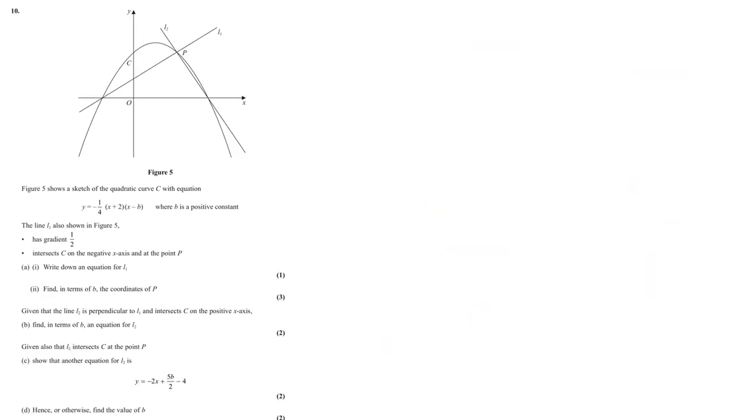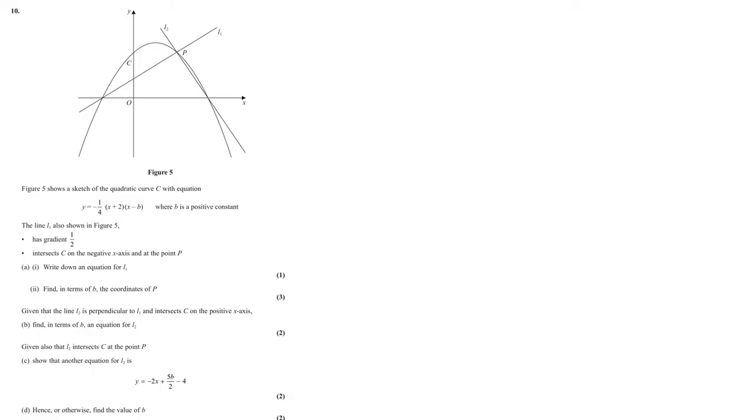So this question was the one that was deemed to be the most challenging for the majority of students. And it's the last question, so part of that comes down to the timing.